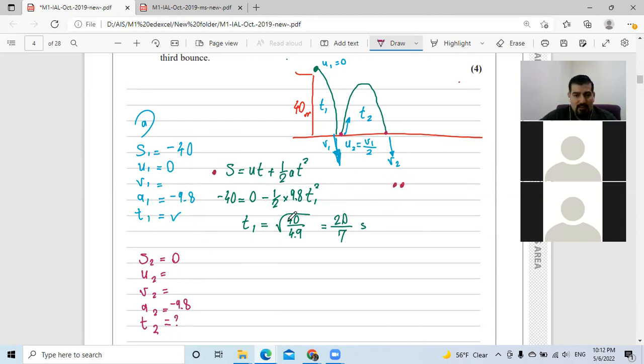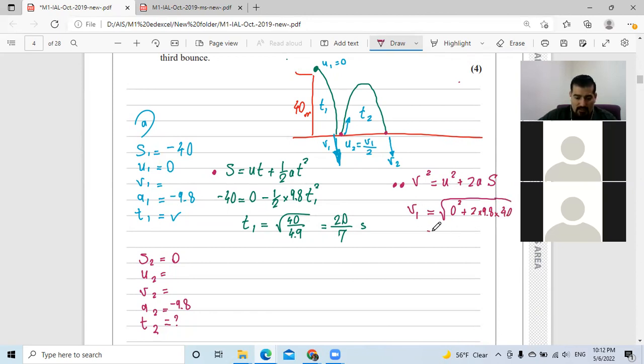Second step, I will need to use v squared equals u squared plus 2as to find the velocity of impact in the first situation. So v squared in the first situation equals 0 squared plus 2 times negative 9.8 times negative 40.